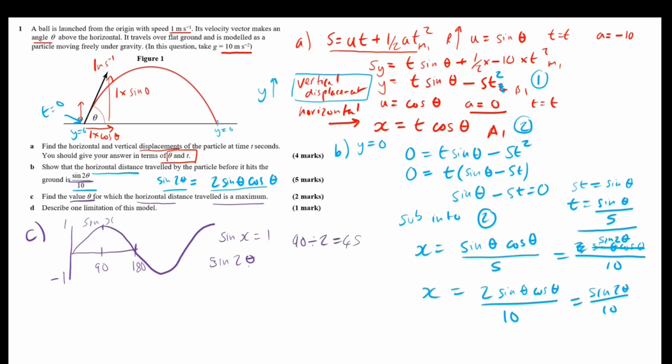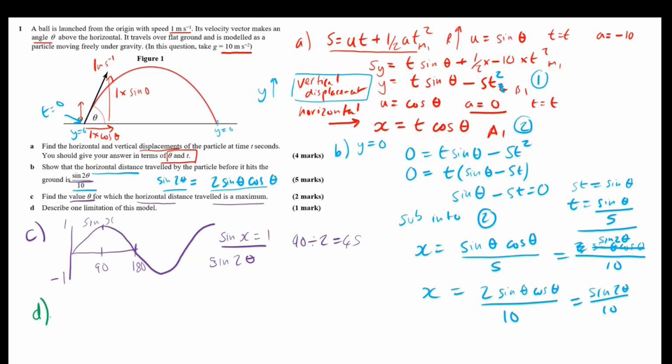Because then we get 45 times 2 to get that as big as possible, which will give you the maximum horizontal distance. And that hopefully makes a bit of sense to you now. And I can see you haven't seen a question like that, so you could get caught out. But that should make sense. So are we happy with that?